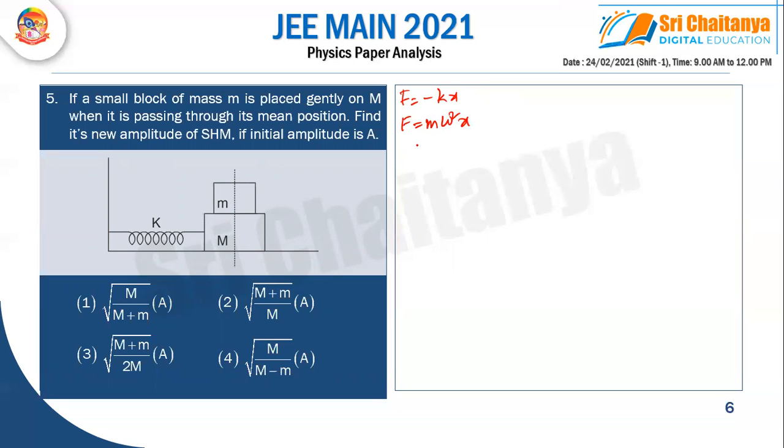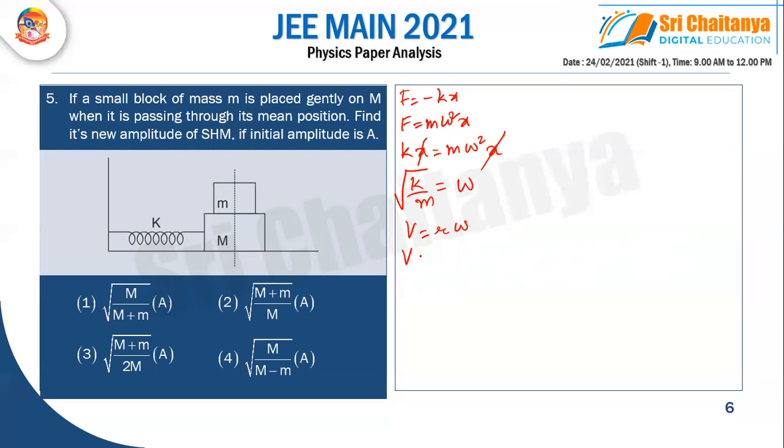Now, I equate these two magnitudes only. I consider Kx is equal to m omega square x, and omega square is equal to K by m, so omega is equal to root K by m. We have v is equal to r omega, and I go for maximum velocity at the mean position.